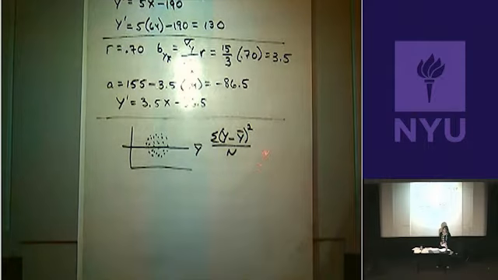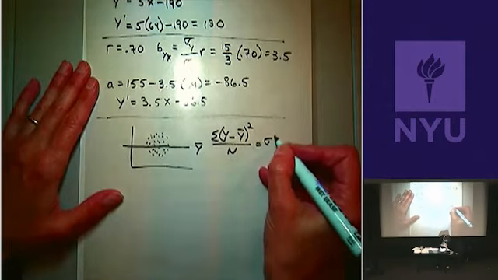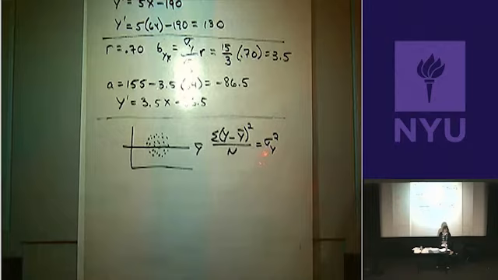It's just the variance of the y-scores. That variance of the y-scores is also usually referred to as the total variance.